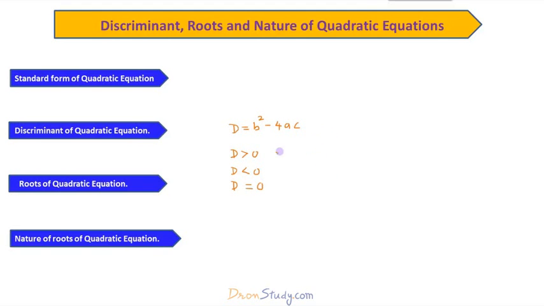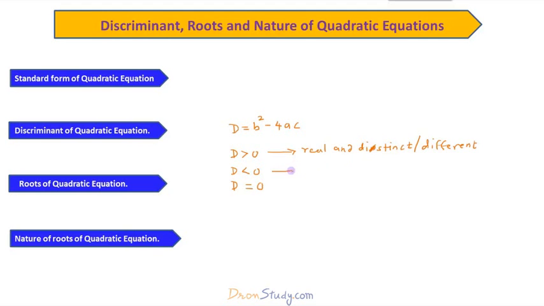If D is greater than 0, then the roots will be real and distinct. Distinct means different.